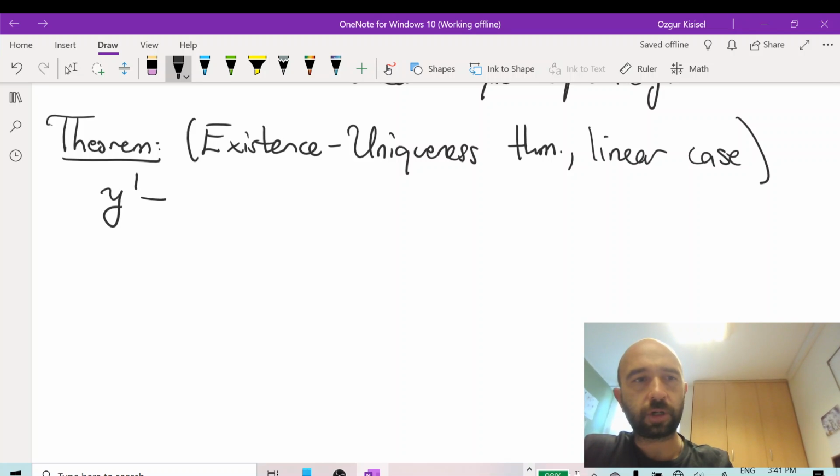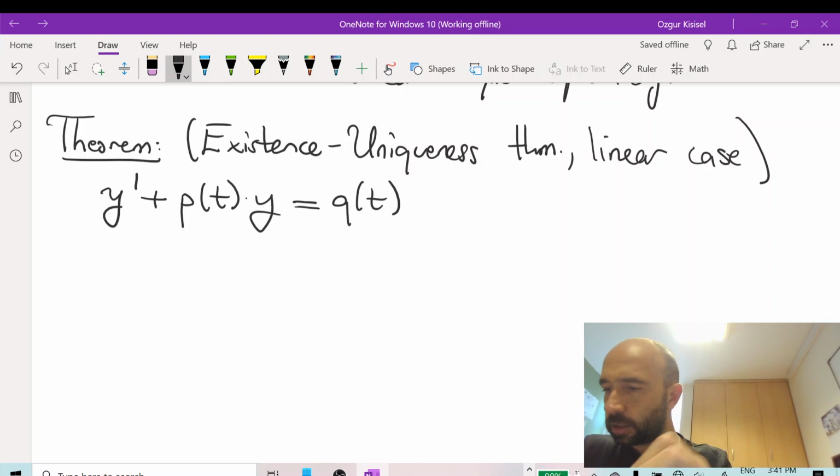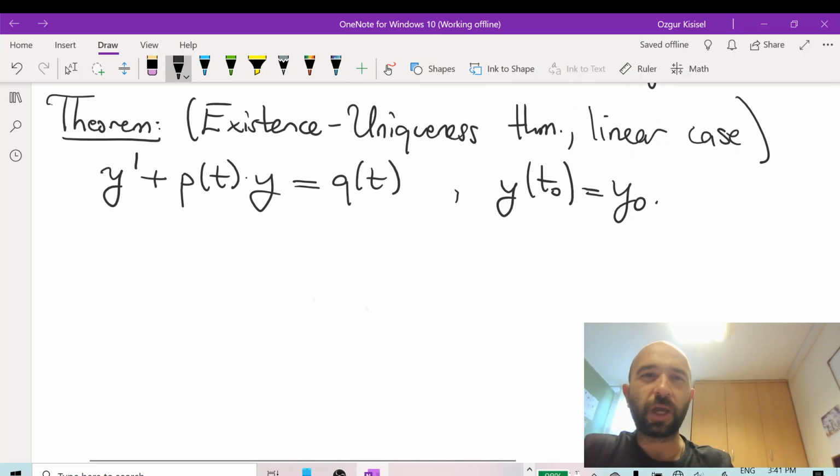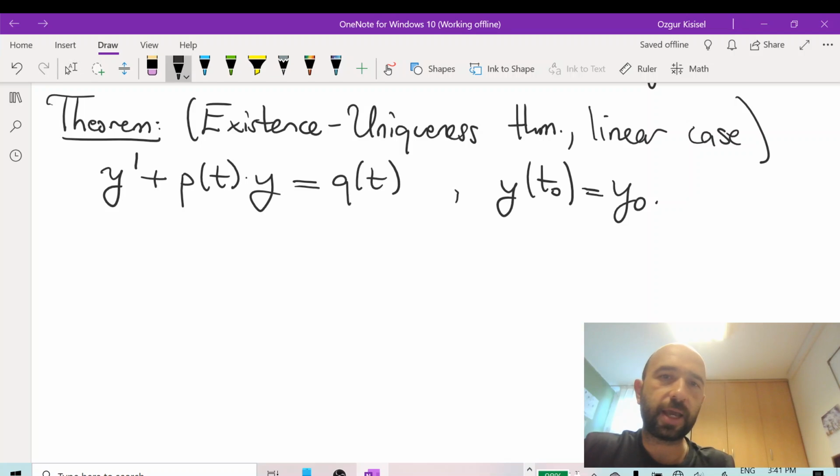You have y prime plus p(t) times y equals q(t), and an initial condition y(t0) equals y0. Now, I cannot say anything right away. I have to make some further assumptions, but they are not really extremely strong assumptions.